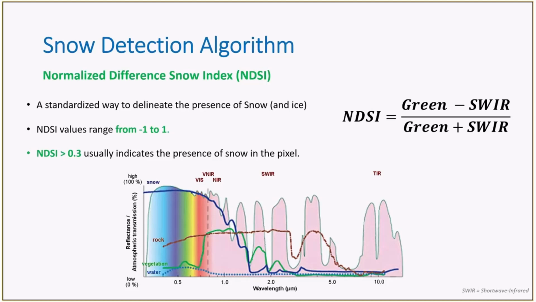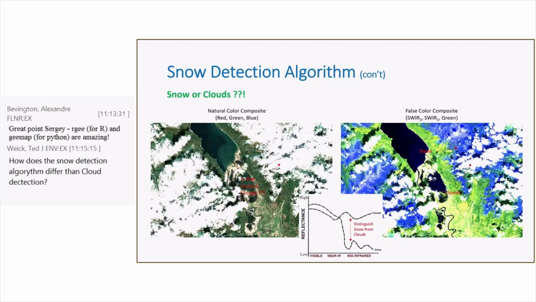The very low reflectance of snow in the shortwave infrared is also useful for distinguishing snow from clouds. If you look at the left side image, which has only the visible bands, it's almost impossible to differentiate snow from the clouds, simply because they both reflect very highly in the visible portion of the spectrum.